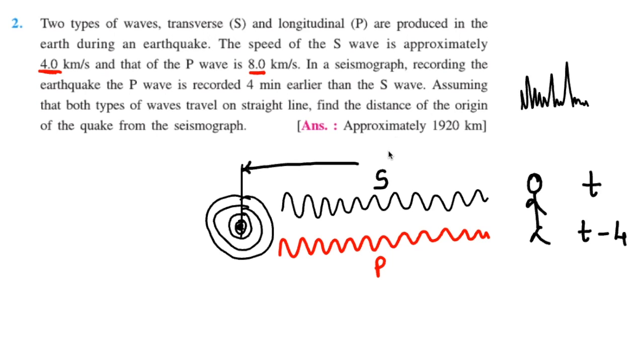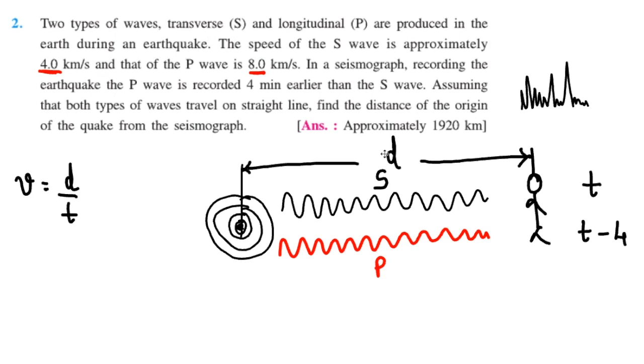Let us say I'm talking about d distance, right? So we have a relation between distance, velocity and time, that is velocity is equal to displacement upon time. As my distance is in a straight line, it is the same as my displacement.